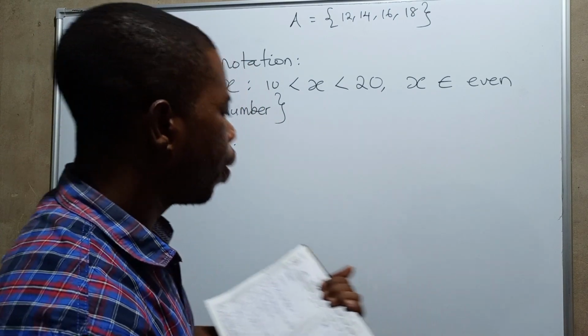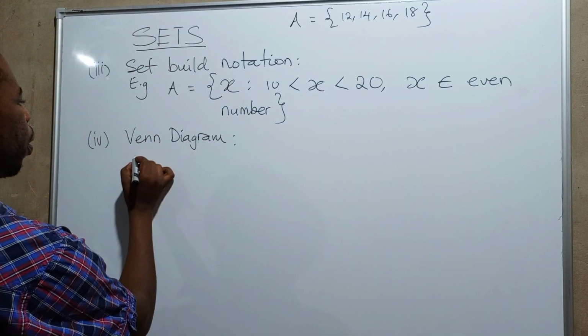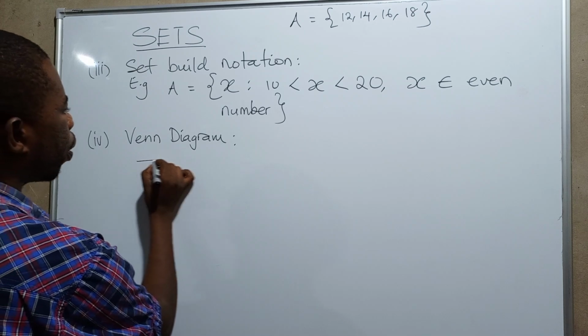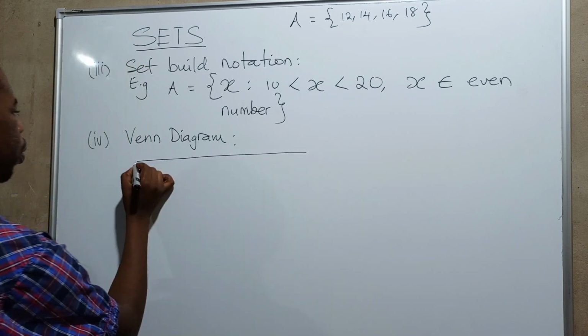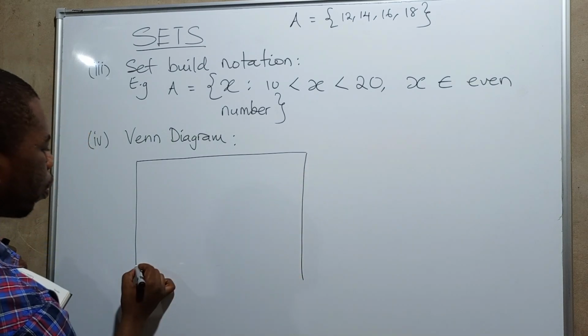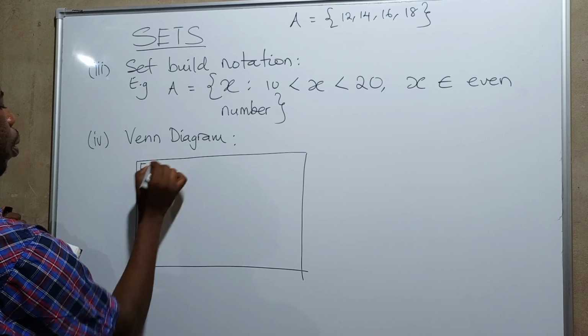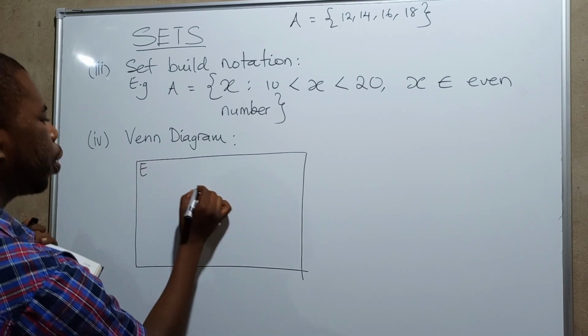So under a Venn diagram, this is what we can do to represent set A. We can have a triangle like that. Then this one represents universal set.